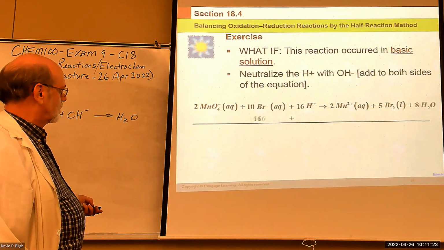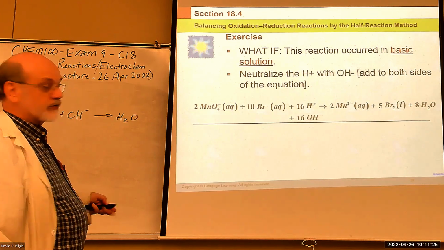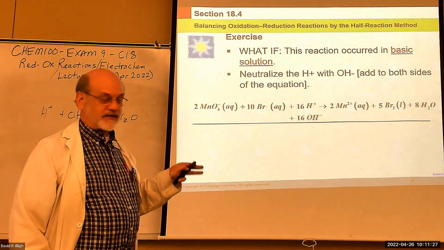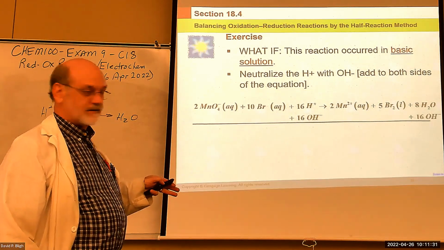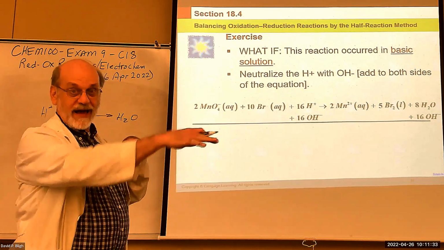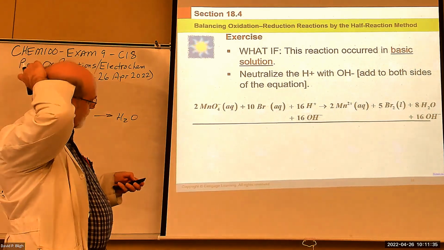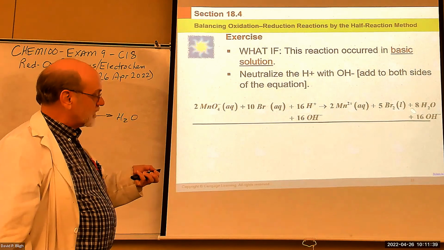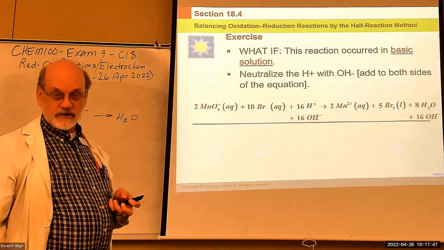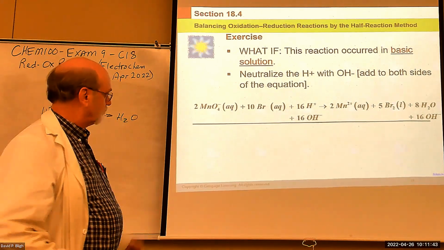Here we go. 16 hydroxyls, that will neutralize the acid, but we have to put those 16 over here also, because we're balancing. So that gives us 16 waters over here against 8 waters over there. Right? So we're going to have to reconcile that.